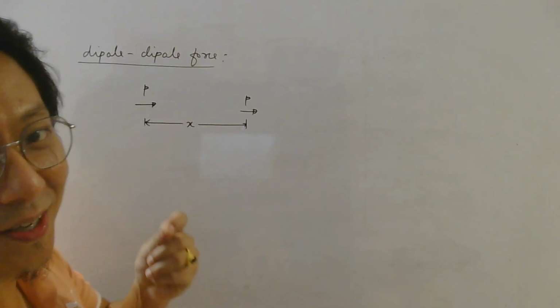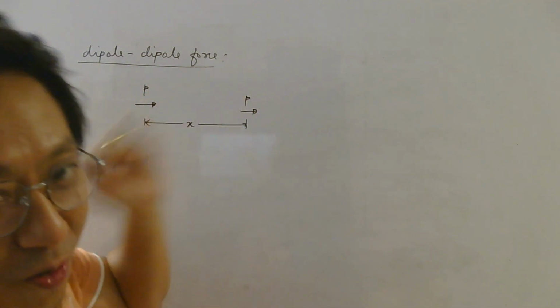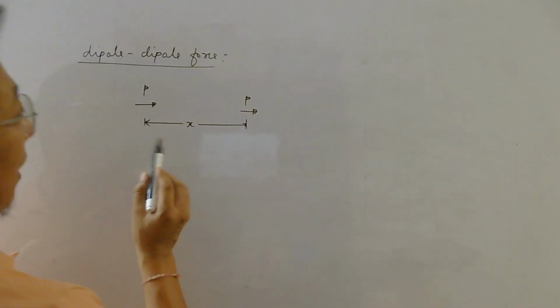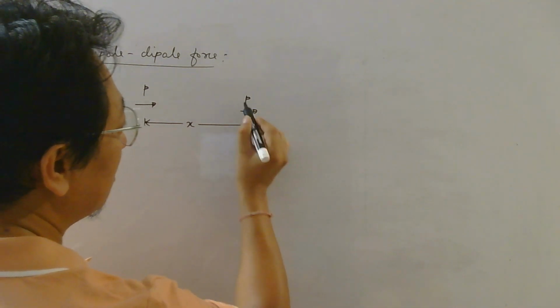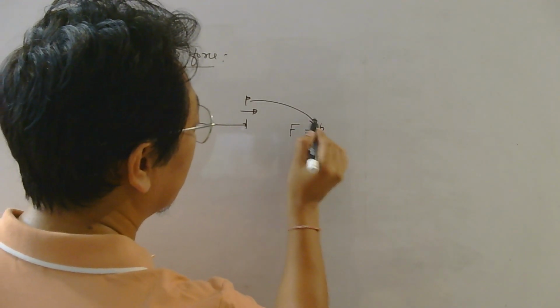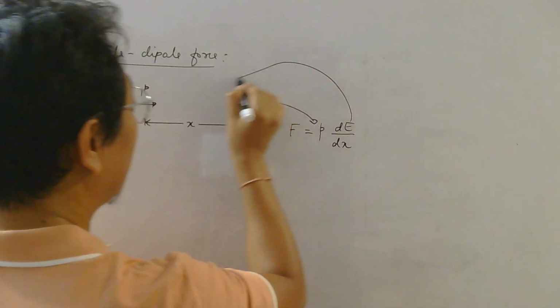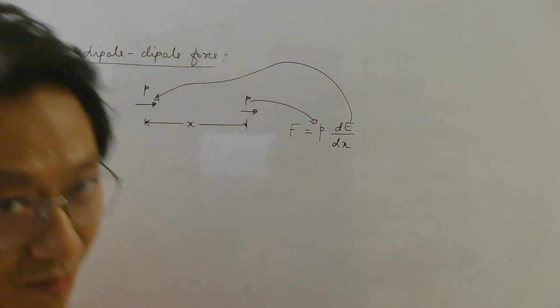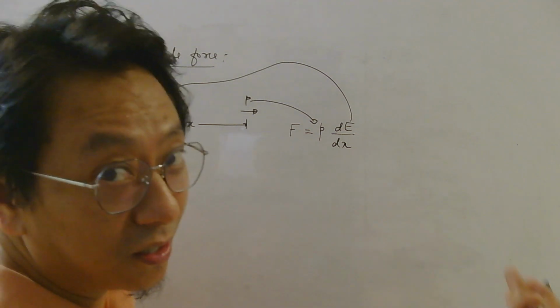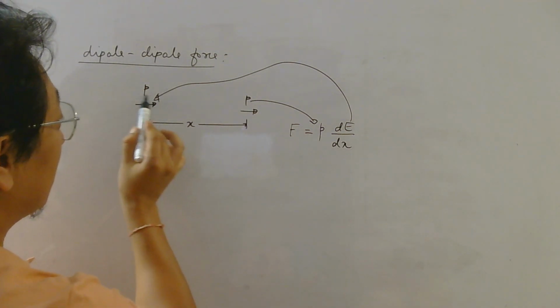Now let us consider the force between two dipoles, which we can call the dipole-dipole force. As I told you, the force on this dipole due to this dipole will be the dipole moment of this one into dE by dx, right? And this E is created by, remember, this other dipole, because this E should be external to this dipole.